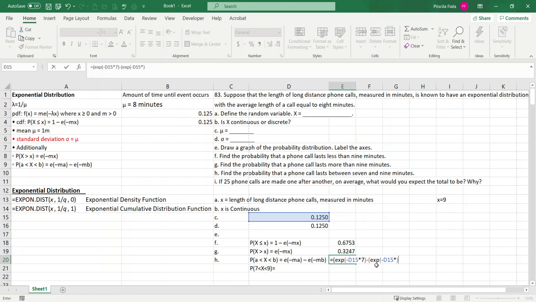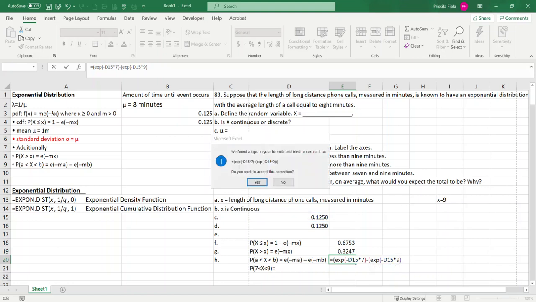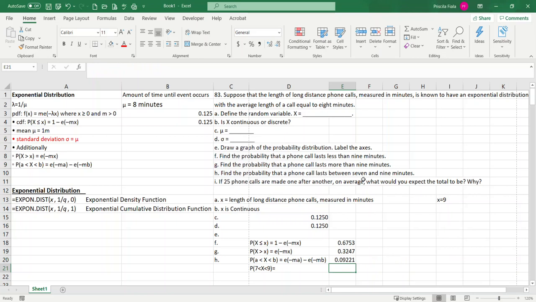Because I'm telling Excel calculate this and then calculate this. Don't put it all together, because it's like the PEMDAS rule that I went over before. So do enter. That sound means I probably missed a parenthesis somewhere. There we go. It's telling me I needed to close it with 2 parentheses to do the whole formula. So it corrected for me.